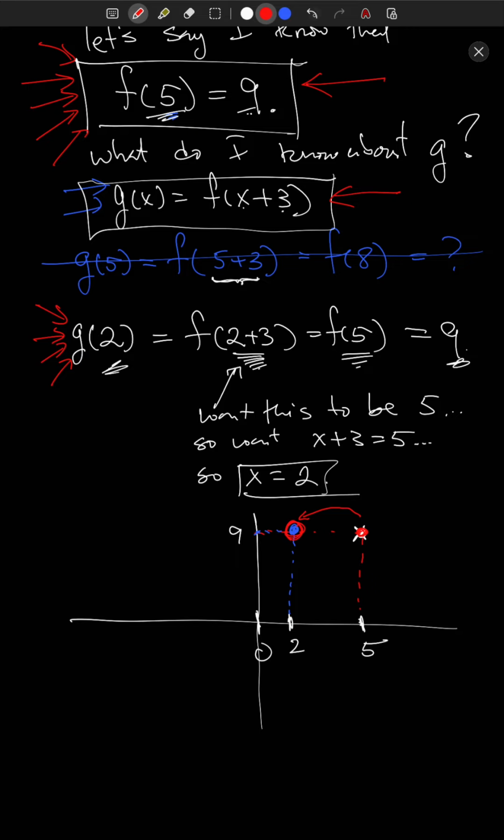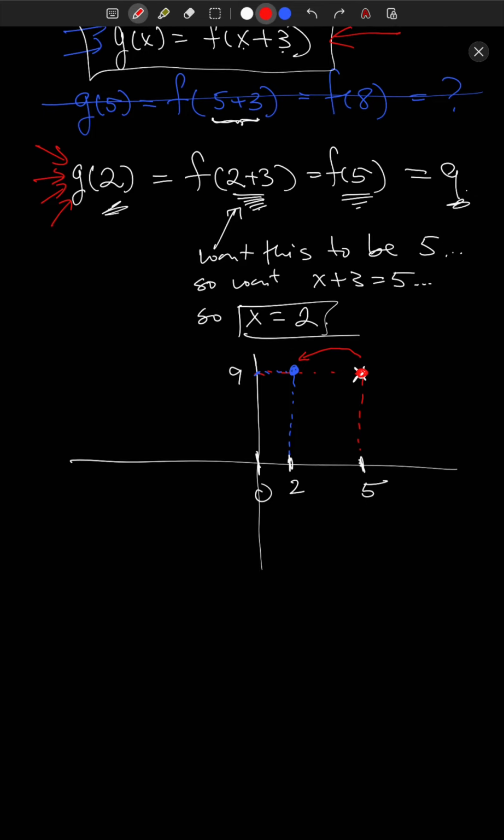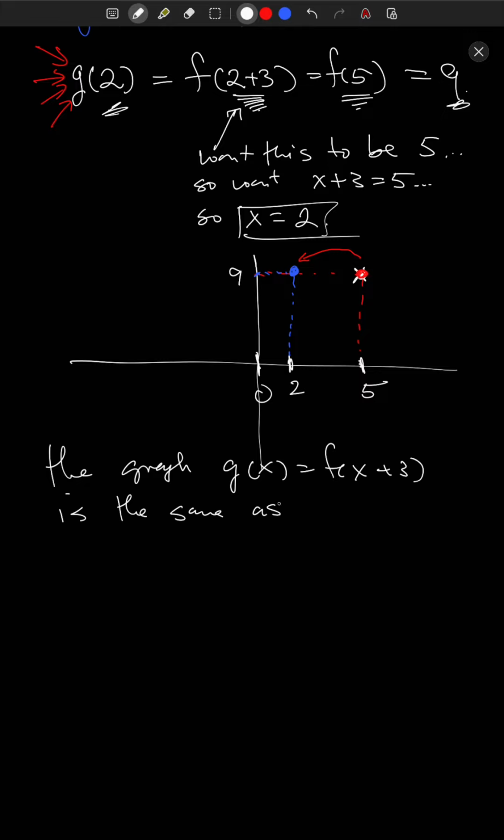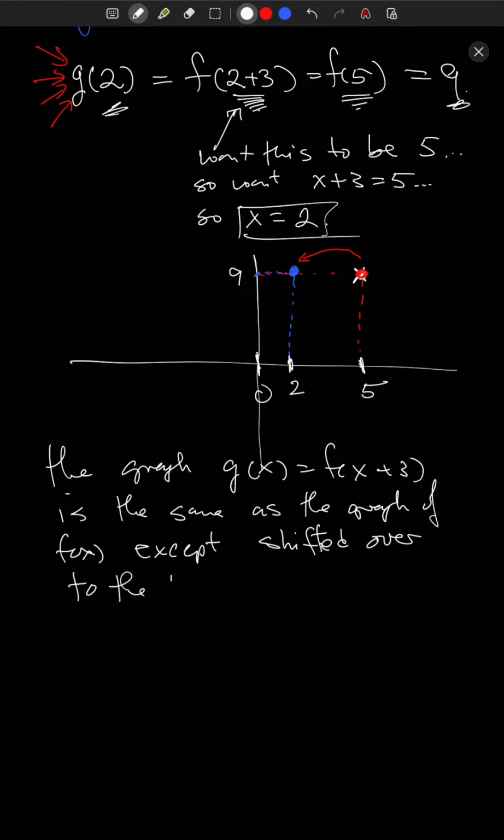So the output for g is shifted to the left by 3 steps from the output of f. So what this indicates is that the graph of g of x equals f of x plus 3 is the same as the graph of f of x, except shifted over to the left by 3 steps.